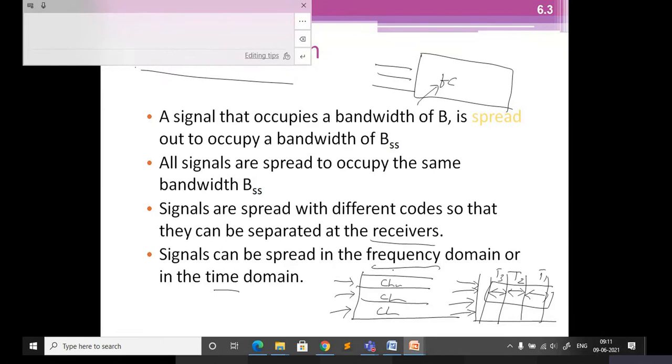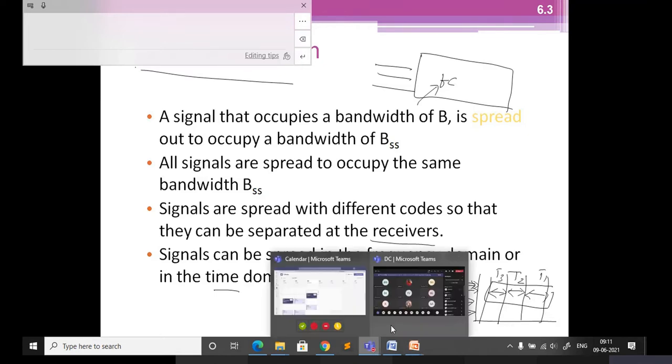So you should know the main difference between frequency domain and time domain. In frequency domain, the available bandwidth is shared among a set of devices, that means the capacity of the link is shared among different devices. But here the capacity is not shared; the time is divided into a number of time slots, and during each time slot a particular device can send data.